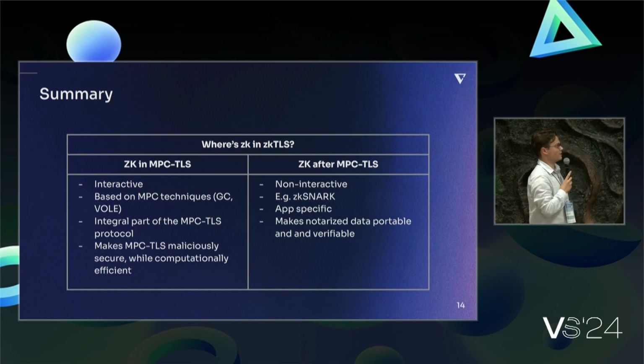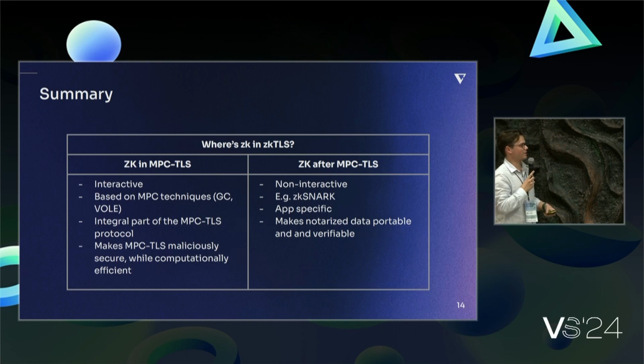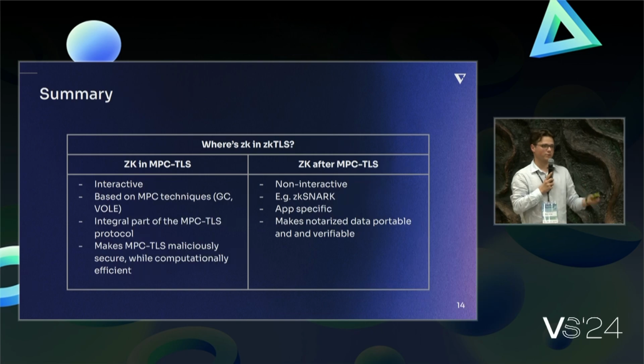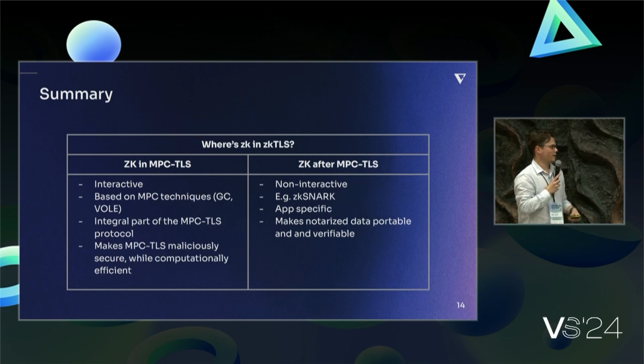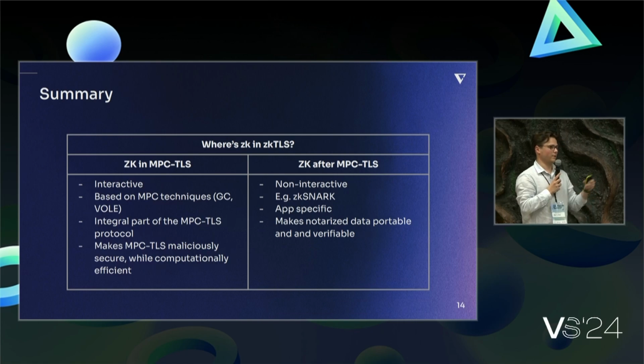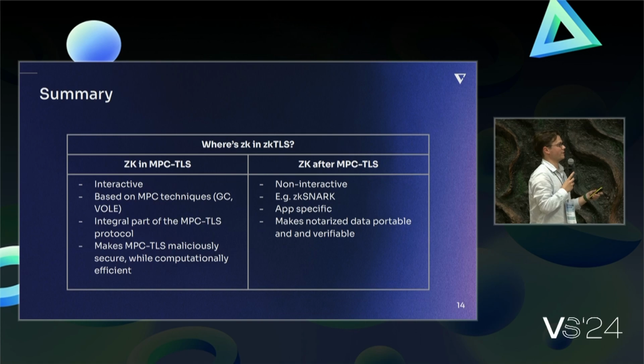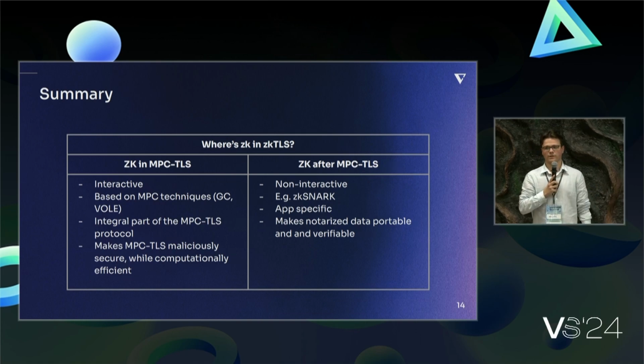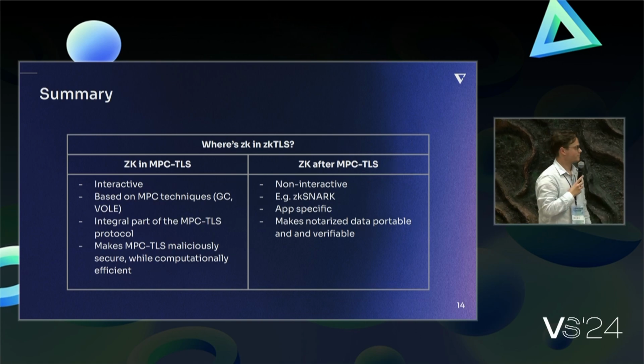But the ZK is also right there in TLS Notary, in the MPC TLS protocol. There it is an interactive ZK, based on garbled circuits and oblivious linear evaluation, but it's always there. So you can't have MPC TLS, or more specifically TLS Notary, without interactive ZK inside.